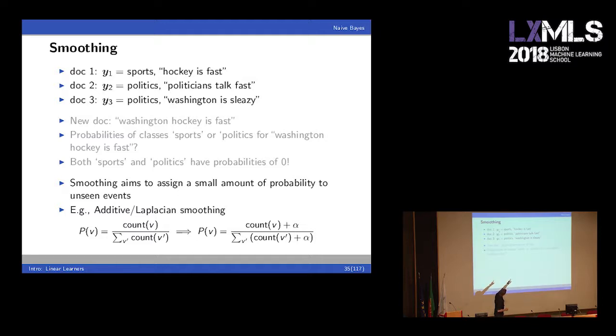And the same for the other one. We have never seen hockey in politics. This will also be 0. So both of them will be 0. Doesn't make any sense at all, right? So what we have to do for those kinds of models, and this was a whole industry, are so-called smoothing techniques. We have to make sure that 0 events are not hitting the model so hard that you can't say anything about unseen data anymore.